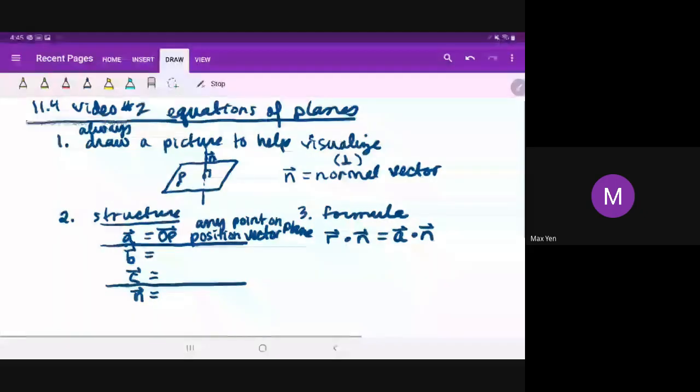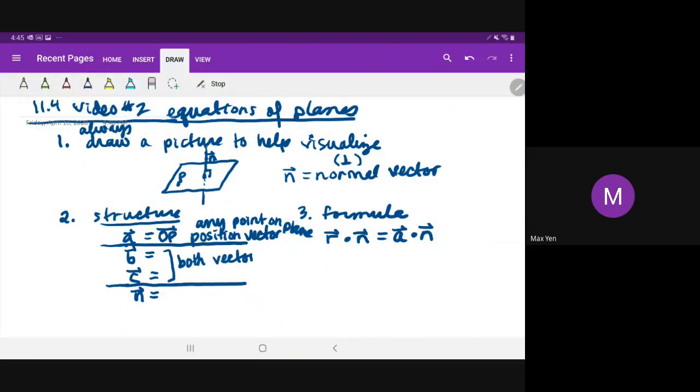Okay, B and C. Now, B and C are interchangeable. B and C are both vectors in the plane or parallel to the plane.